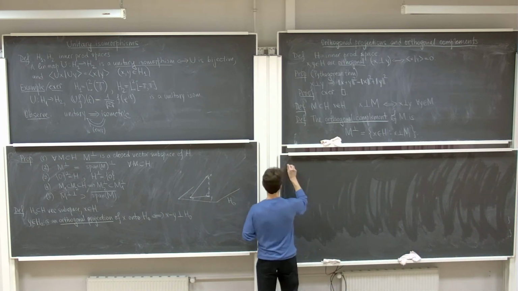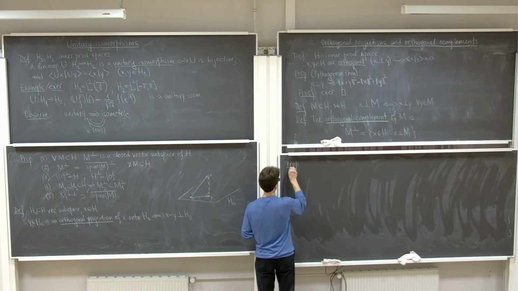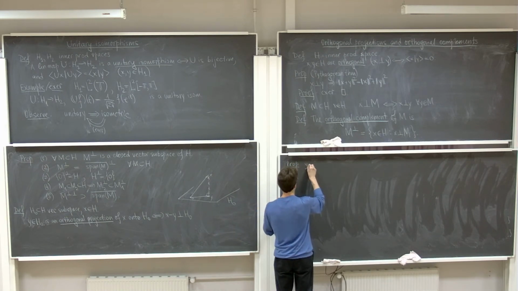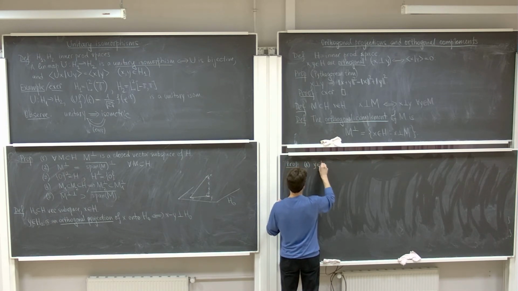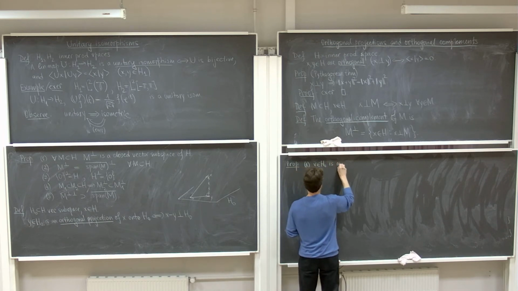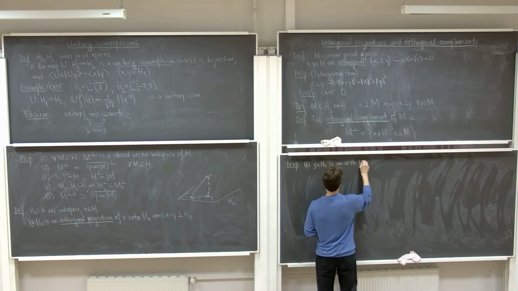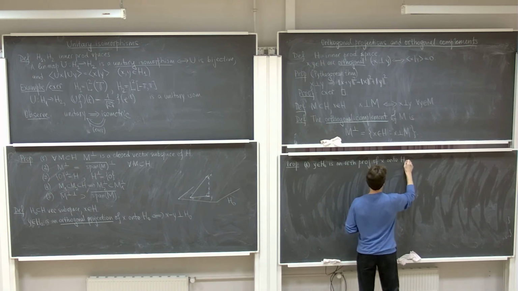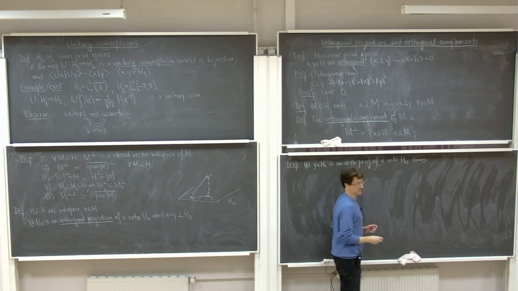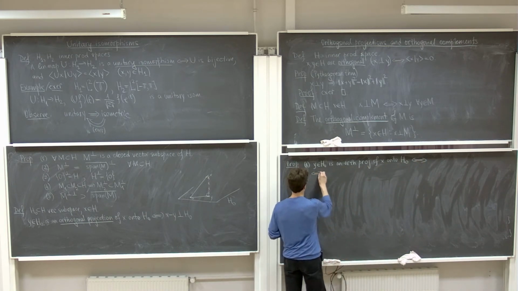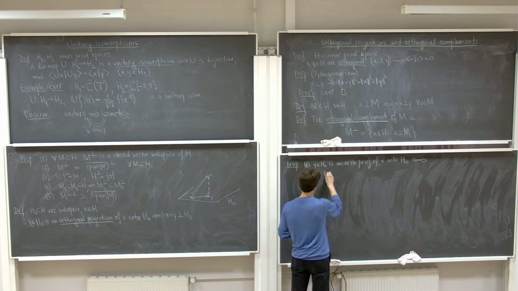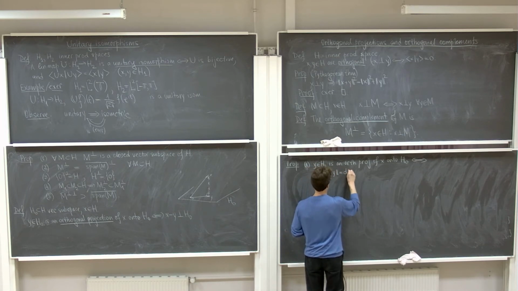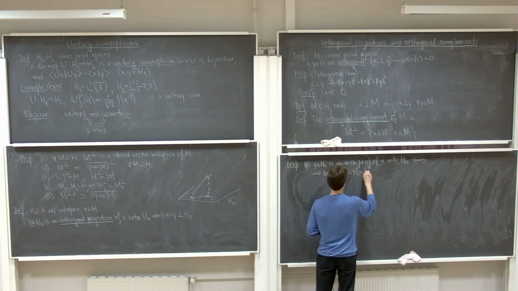So we have the following result, the following proposition. This is the first part of our proposition. I claim that an element y in H0 is an orthogonal projection of x onto H0 if and only if the distance between x and y is exactly the distance between x and H0.